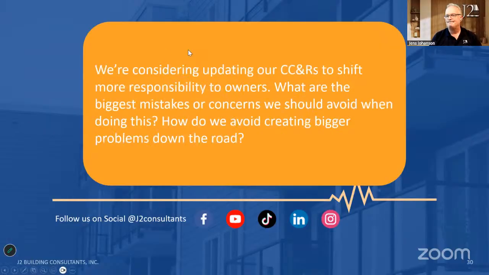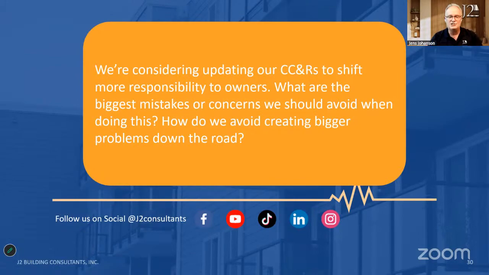So next question. We're considering updating our CC&R to shift more responsibility to owners. What are the biggest mistakes or concerns that we should avoid when doing this? And how do we avoid creating bigger problems down the road? Hopefully we've addressed a lot of these answers in the show. And I want to take a moment and say, please don't get me wrong.